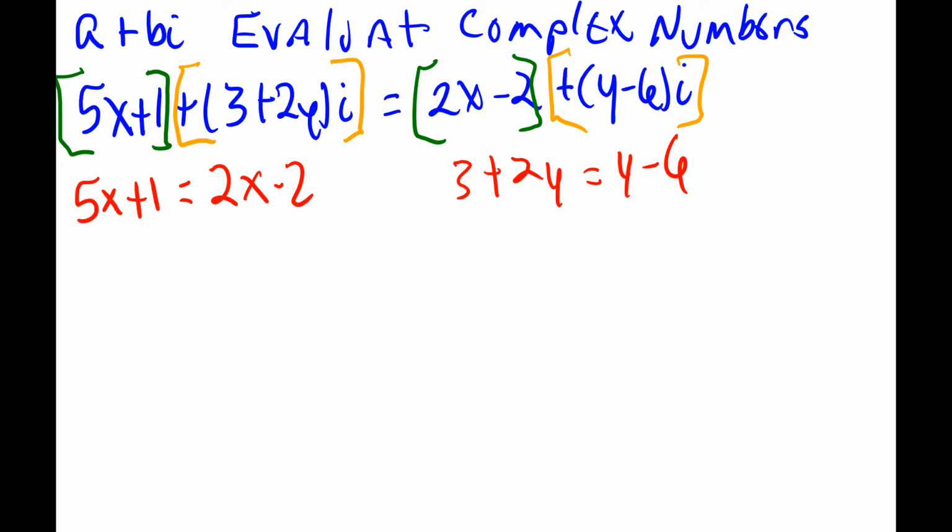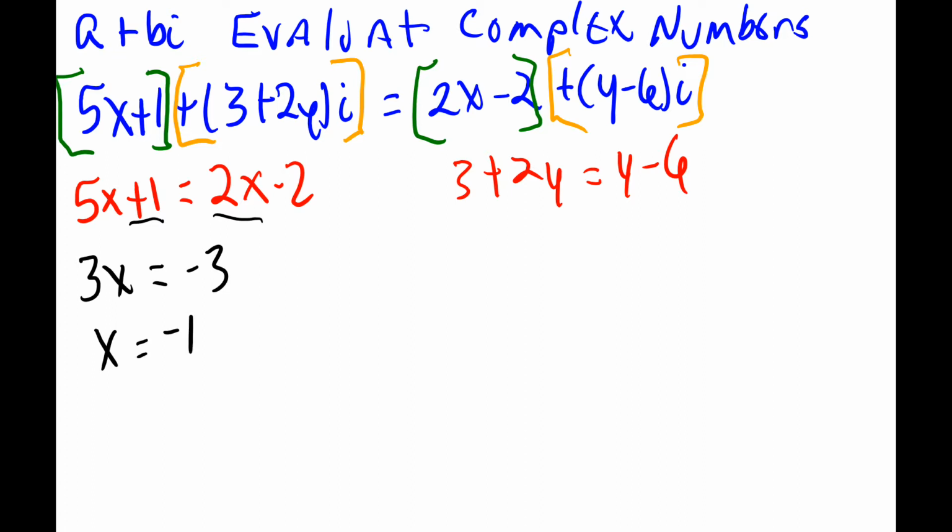I'm just going to simply solve these two equations. Over here, I'm going to subtract the 1 from both sides, and I'm going to subtract the 2x from both sides. I'm left with 5x minus 2x is 3x, and negative 2 minus 1 is negative 3. I'm going to divide both sides by 3, and so x is equal to negative 1.